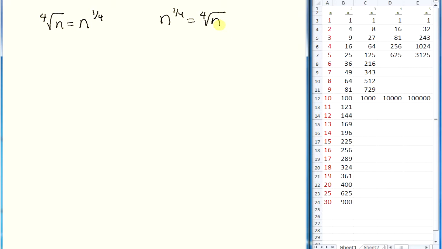For instance, if you happen to have, let's say, the fifth root of x to the 5, y to the 10th, and z to the 12th.